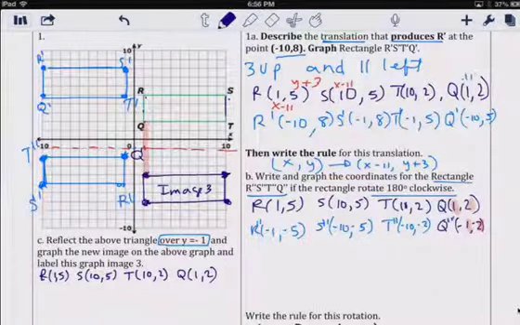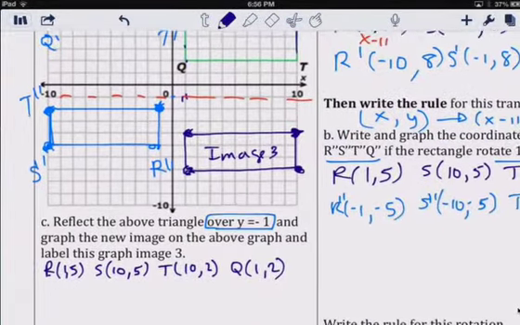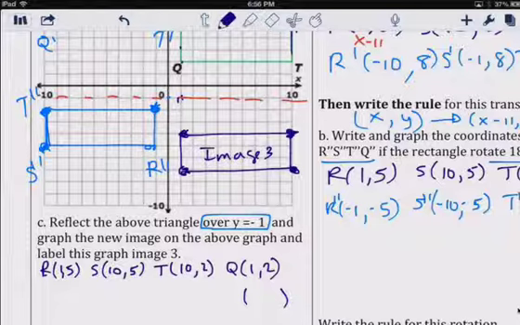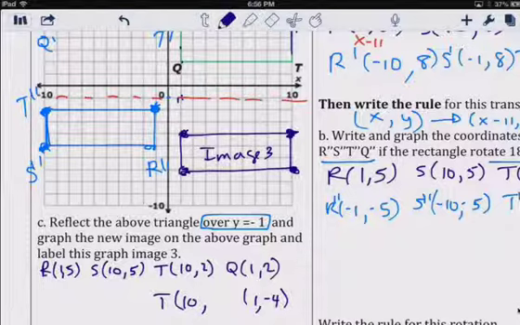Okay, so let's see, the image for Q becomes 1, negative 4. Okay. T is now 10, negative 4.